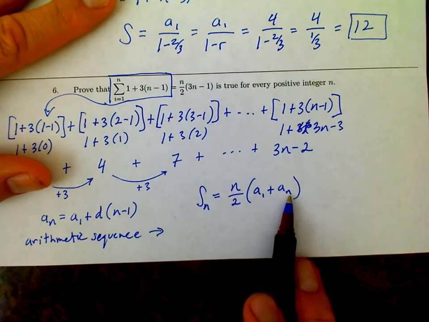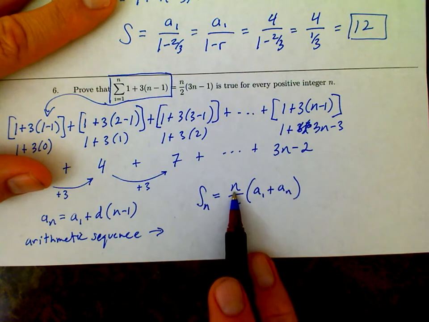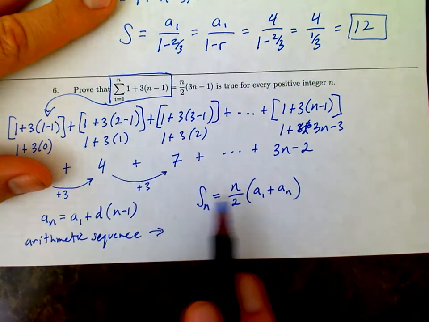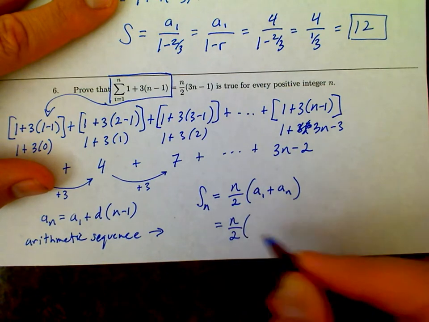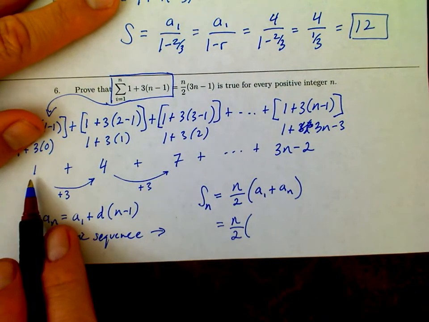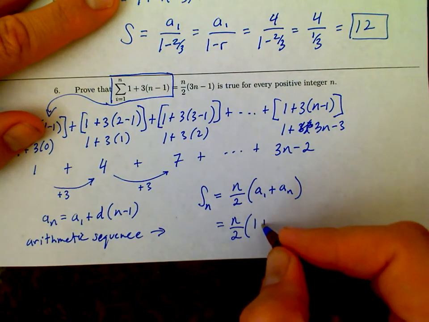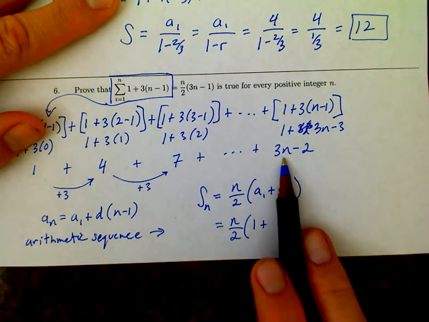Now what is a sub 1 and a sub n and n? Well, this goes from 1 to n, so we know there are n terms, so that doesn't change. The first term is 1. The last term is 3n minus 2.